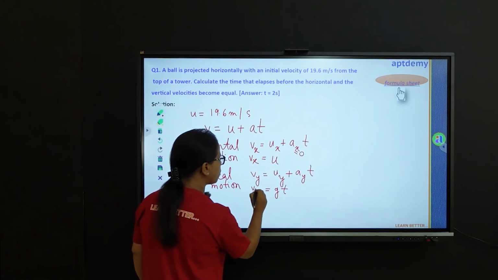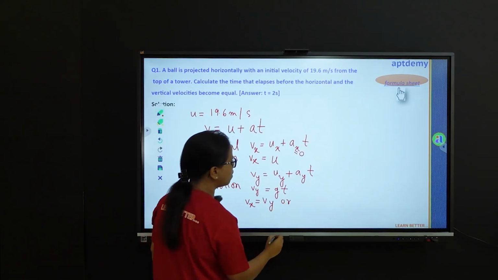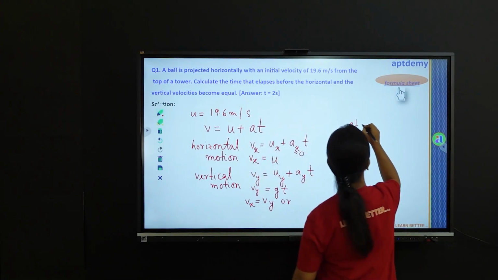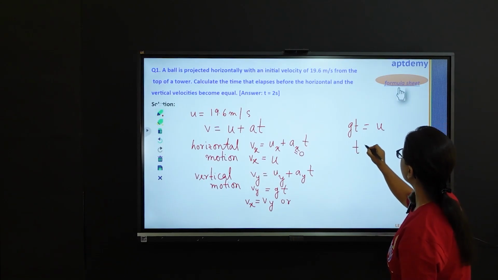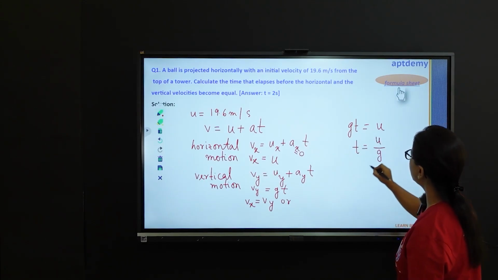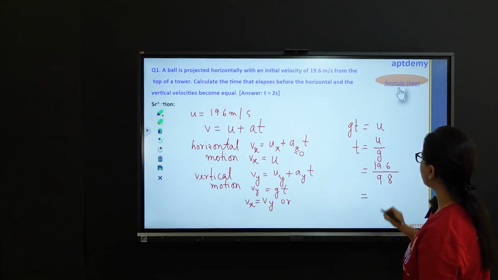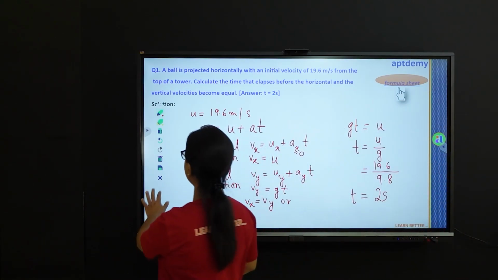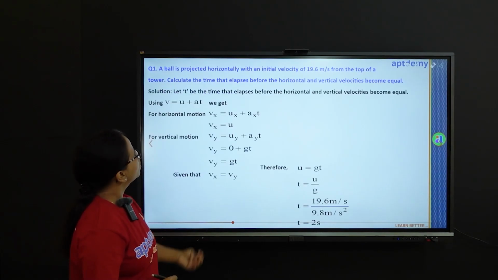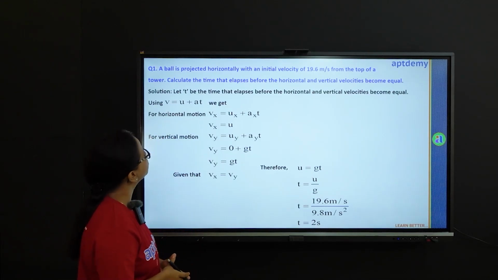So now they have given us in the question that Vx and Vy are equal, or we can write that gt is equal to u. So t becomes equal to u by g. u is 19.6 and g is 9.8 unless mentioned, and this comes out to be 2 seconds. So a time of 2 seconds elapses before the horizontal and the vertical velocities become equal.